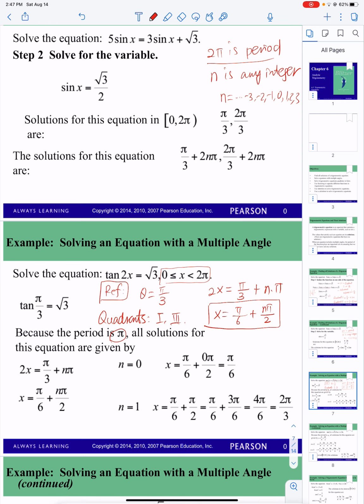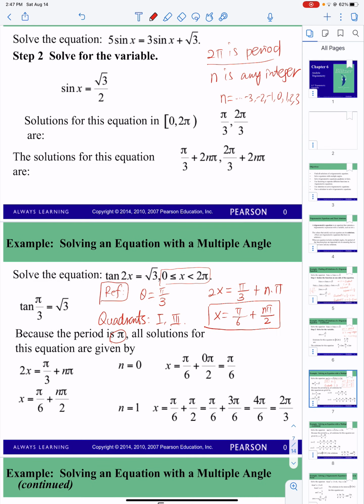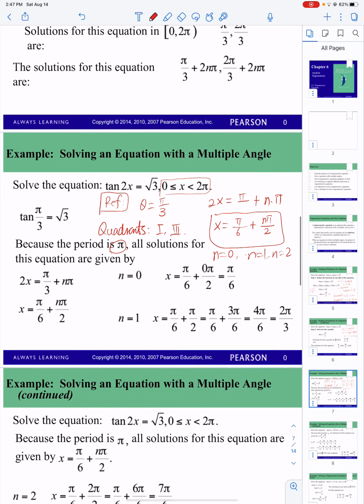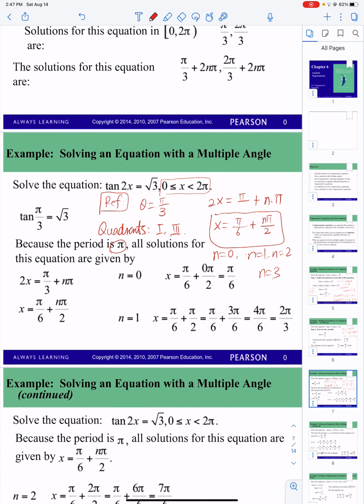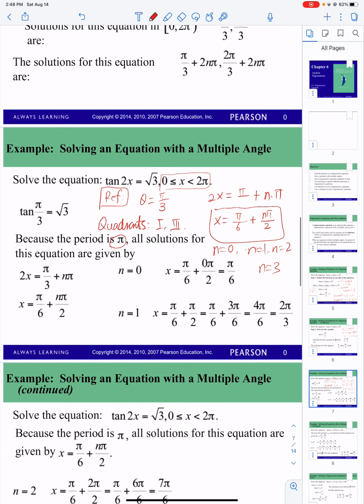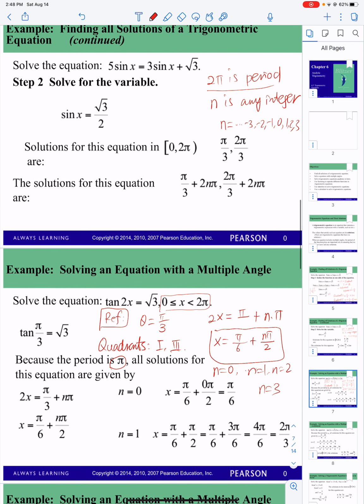And because you wanted x between 0 and 2 pi, you can choose n equal to 0, 1, 2, and even 3 to find all these values. When n equal to 4 gives a value bigger than 2 pi, you can stop. You have to be a little bit careful here.